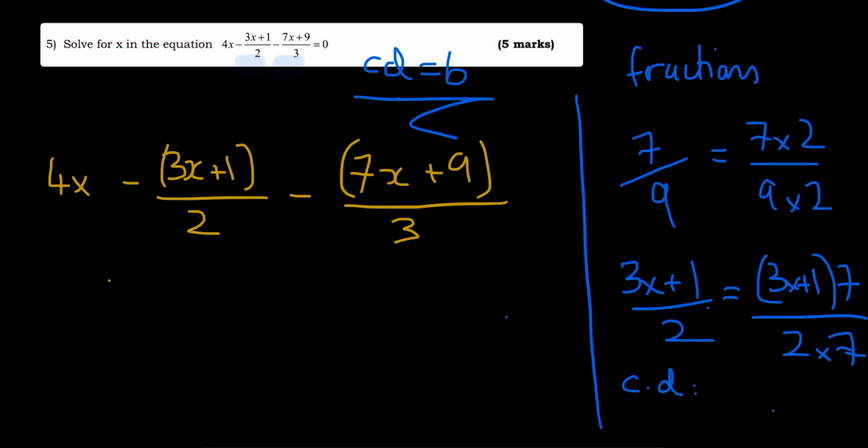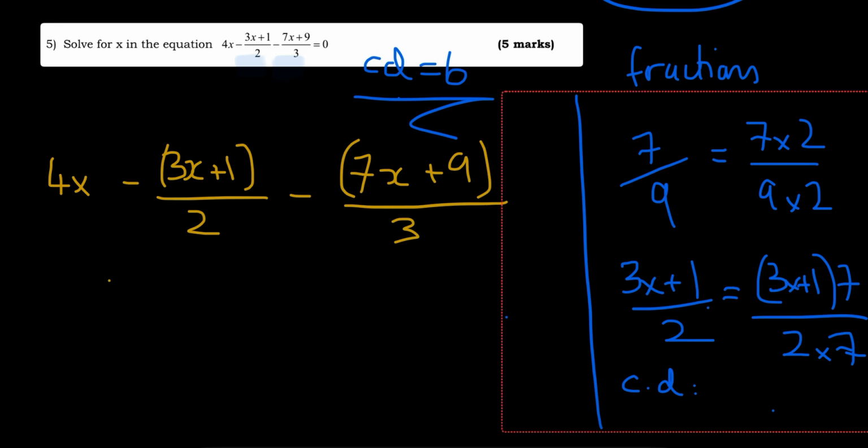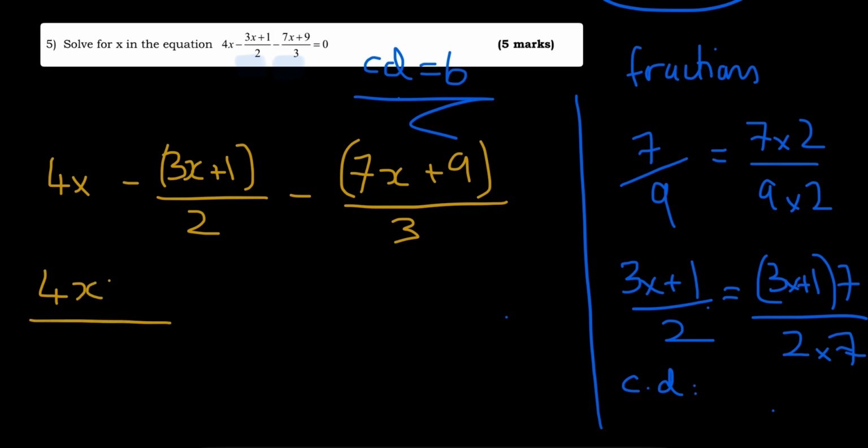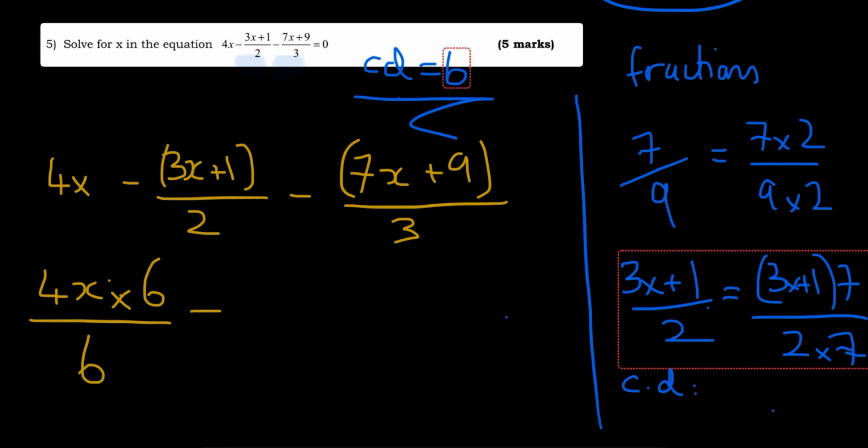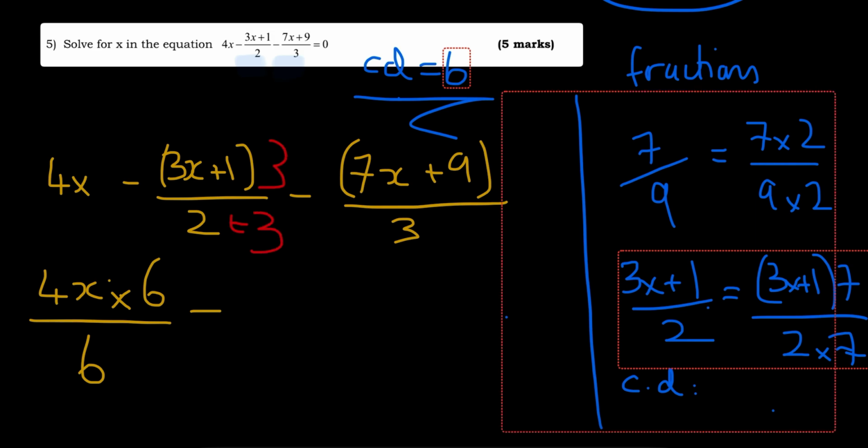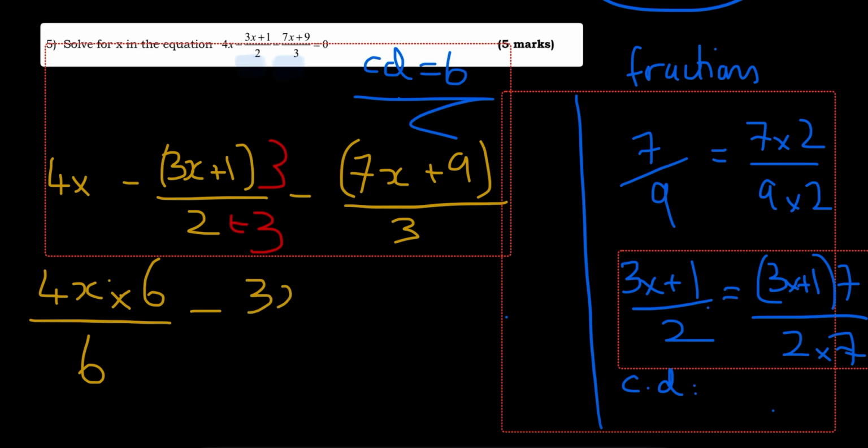Okay, to make this look like it's over 6, we're going to have to multiply top and bottom by 6, right? Okay, I'm not actually going to do it like that. I'm going to do it on the next line, right? So we have 4x times 6 over 6. Now, if we want to make this a 6, we need to multiply by 3 on top and bottom, right? So we're going to have minus 3 times (3x plus 1).